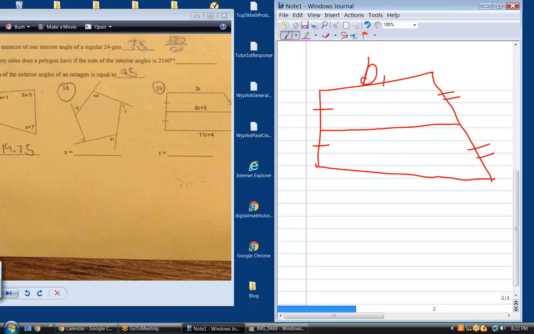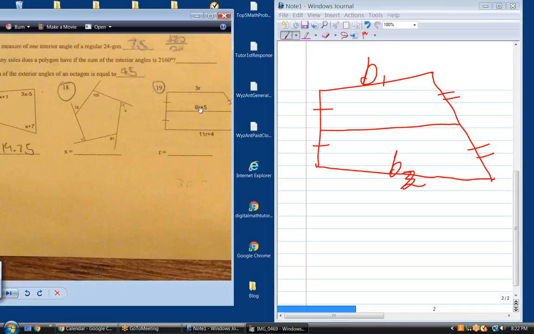In other words, if that's base 1 and this is base 2, the midpoint is the average, regardless of whether it's a trapezoid or not. They did not tell us that that's a trapezoid, and we don't know that it's a trapezoid. However, this midpoint is the average between the top and the bottom.